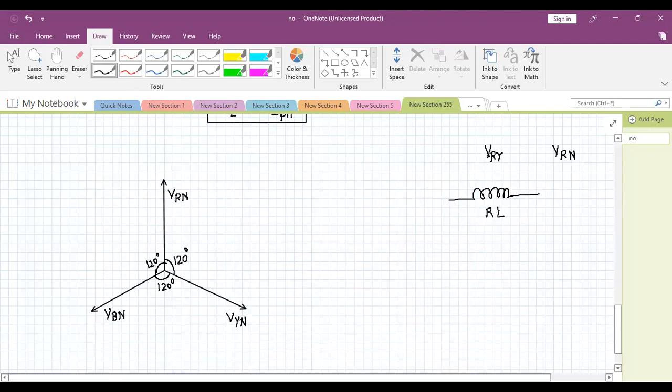It is an RL load. Why? Because each winding has some internal resistance, so it is one type of RL. Can anybody tell me, in an RL circuit, is the current leading or lagging the voltage? Write down your answer in the chat box.